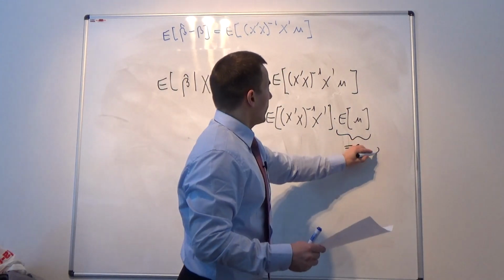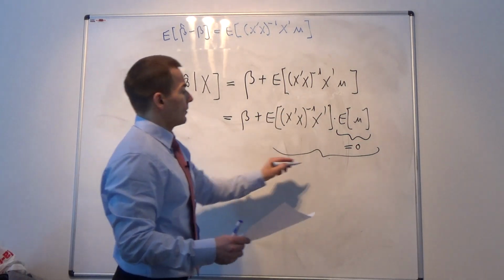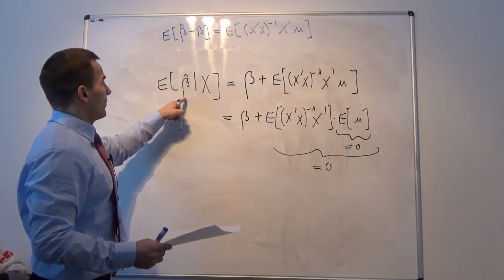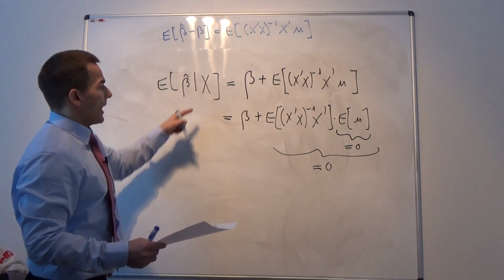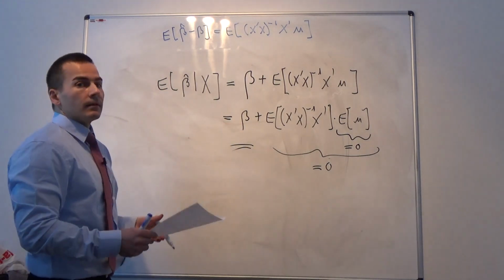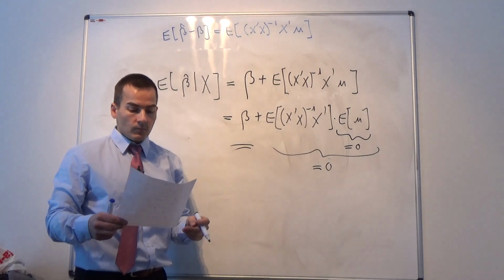it doesn't matter what's the expectation of that part here, because everything that you multiply with 0 becomes 0, and our OLS estimator conditional on X is also unbiased. It's beta. So this is also a very important result.